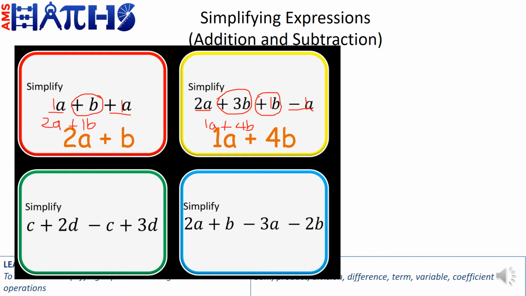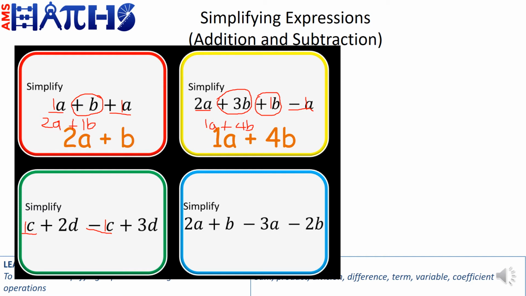For the third example, in the green box, again, we have different letters, and so we can only combine the like ones. So we have C's and we have D's. So starting with the C's, we have 1C minus 1C. So 1C minus 1C is 0C. So we do not need to write that one down.